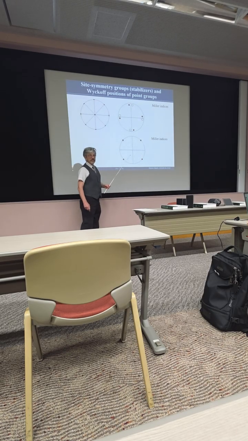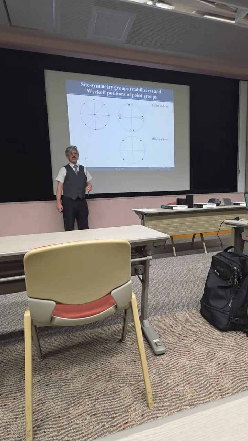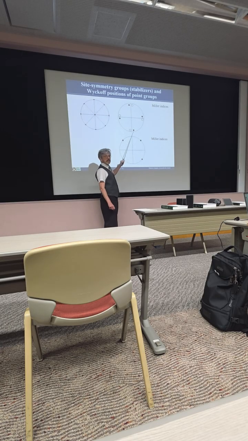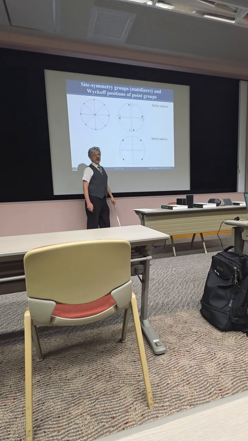These are the points that are obtained, stereographic poles, by acting this point group on any of the poles considered as a starting point. So what are the Miller indices of these two projections?